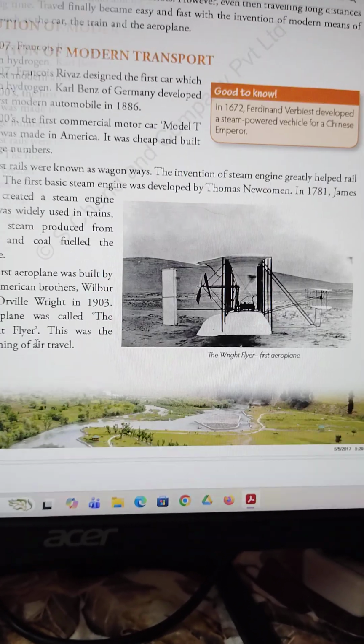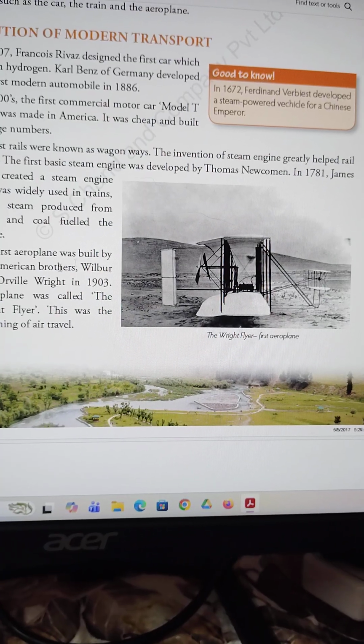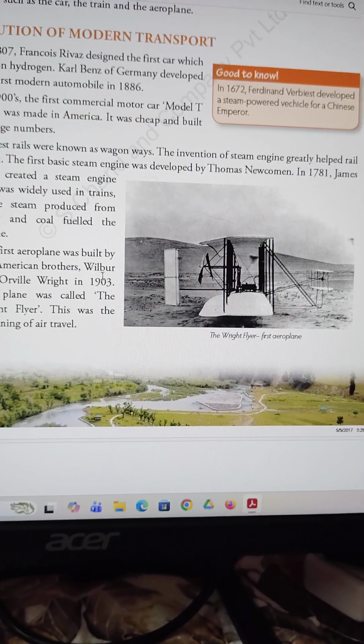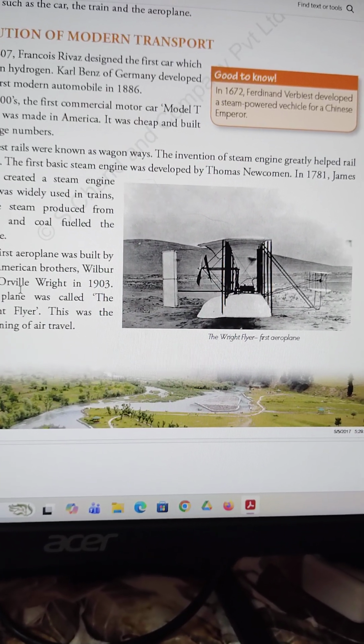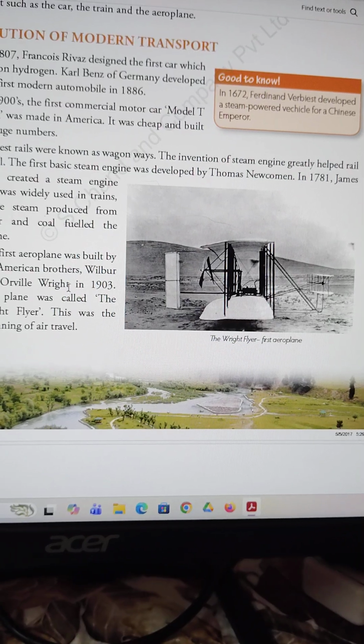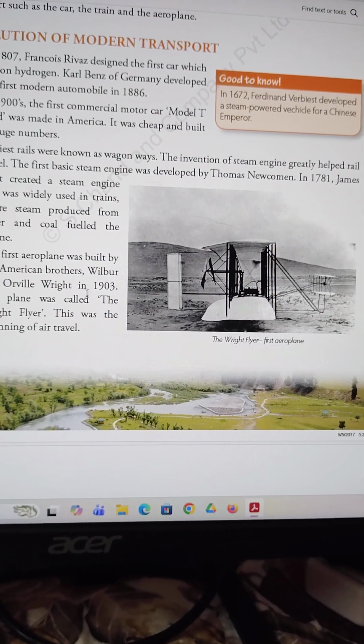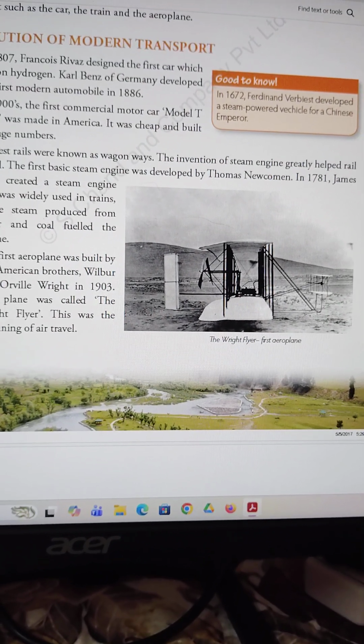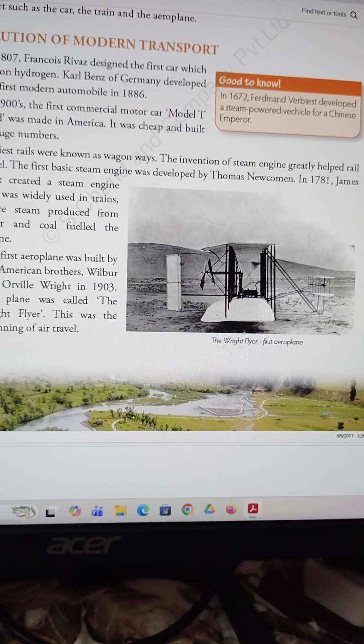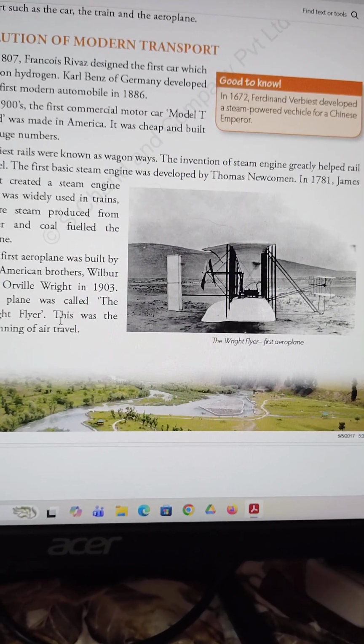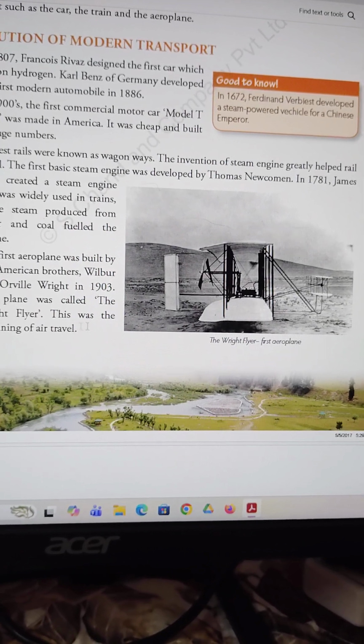So who introduced the steam engine? James Watt. Next, the first aeroplane was built by the American brothers Wilbur and Orville Wright in 1903. The plane was called the Wright Flyer, and this was the beginning of air travel.